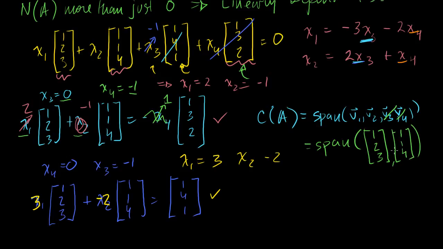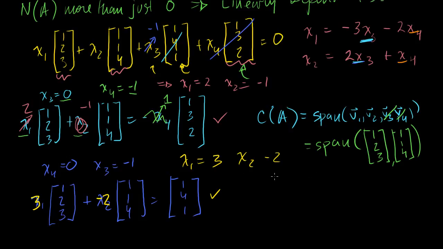Now, are any of these guys redundant? Can I express one of them as a linear combination of the other? And essentially, when I'm talking about the linear combination of only one other vector, it's just multiplying it by a scalar. Well, let's think about that. There's multiple ways you can show this, but the easiest way is, well, look, to go from this entry to that entry, I'm just multiplying by 1. But if I multiply this whole vector times 1, then I'm going to get a 2 here, and I'm going to get a 3 here. So it won't work.